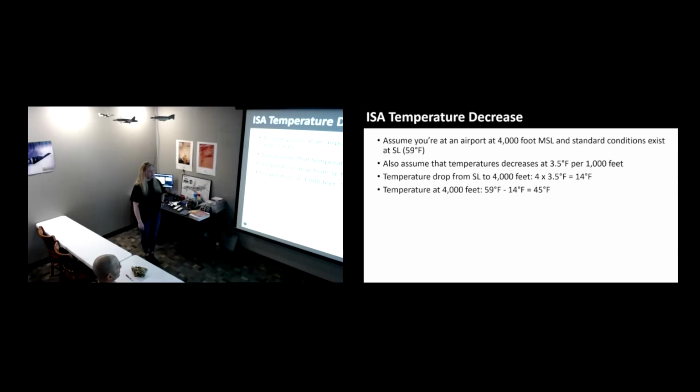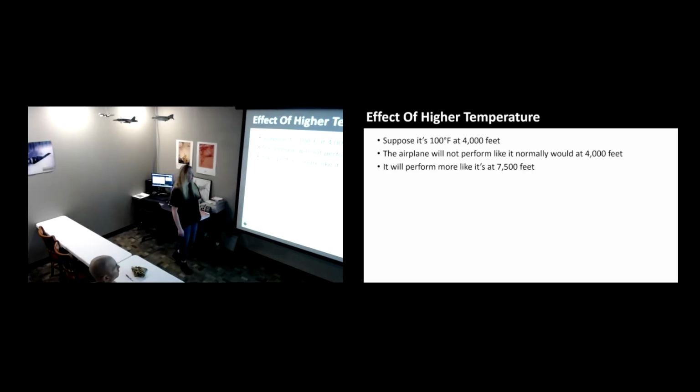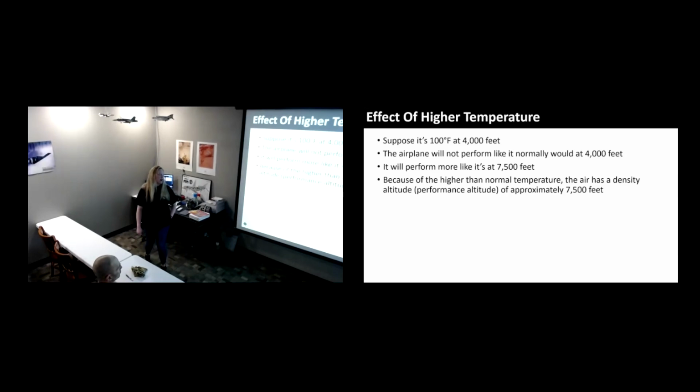Suppose it's 100 degrees at 4,000 feet. The airplane will not perform like it usually does. It will perform like it's at 7,500 feet, because the higher the temperature, the lower the air density, and you're going to perform worse.